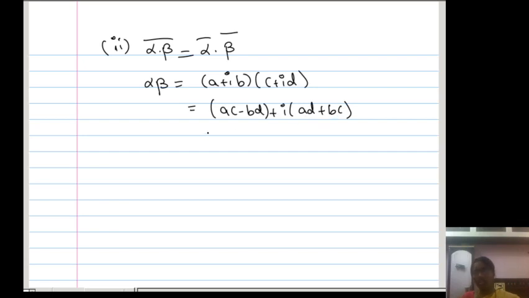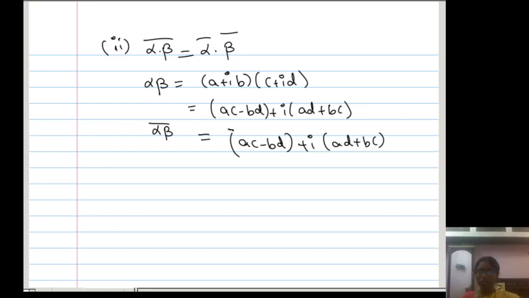In the previous classes you studied the product of two complex numbers. If you do the product and simplify, again you are getting the same thing here. Now, this is alpha beta. Now, what is alpha beta bar? The real part is AC minus BD and the imaginary part is AD plus BC.